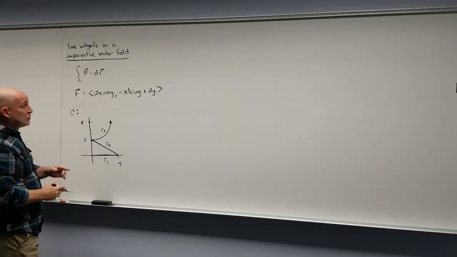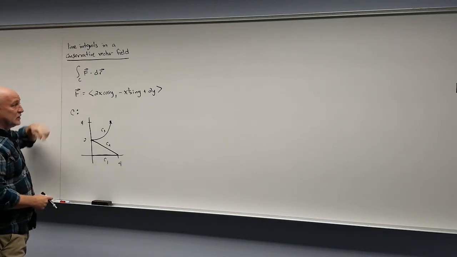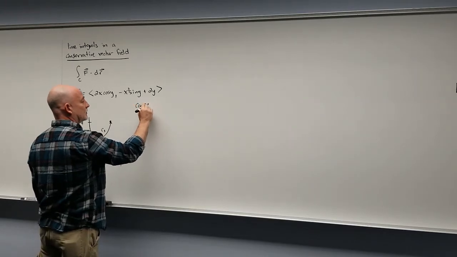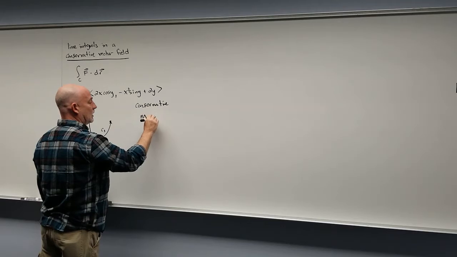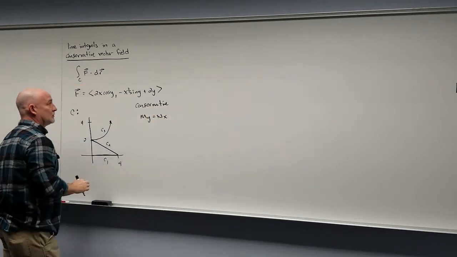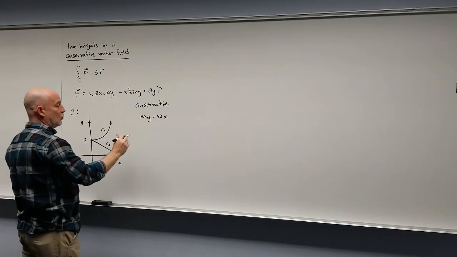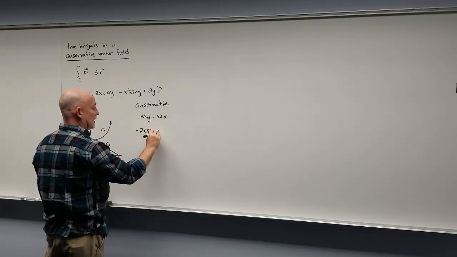What you always want to check when you're doing the integral of f dot dr is if f is conservative. Now remember, the test for conservative is if M sub y is equal to N sub x. Now here's our function M. If we take the derivative of this with respect to y, I get negative 2x sine y.